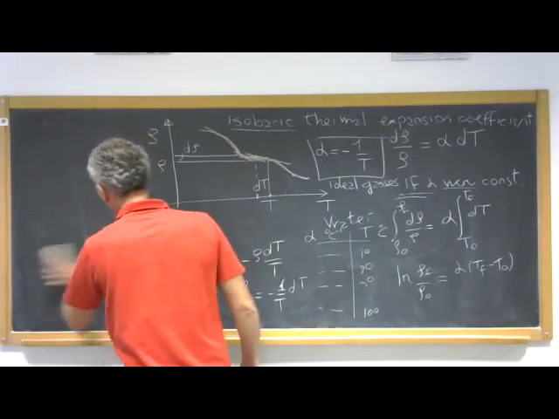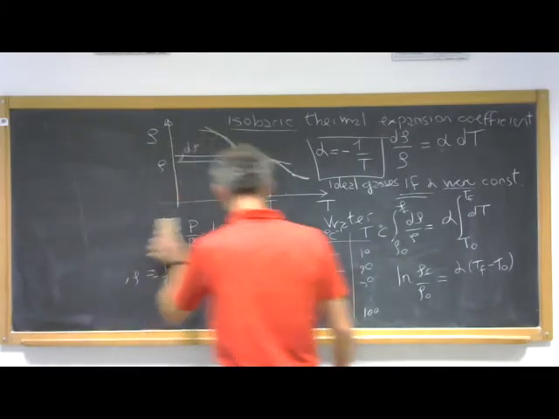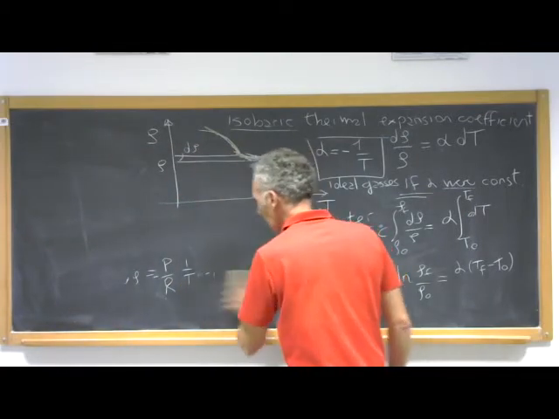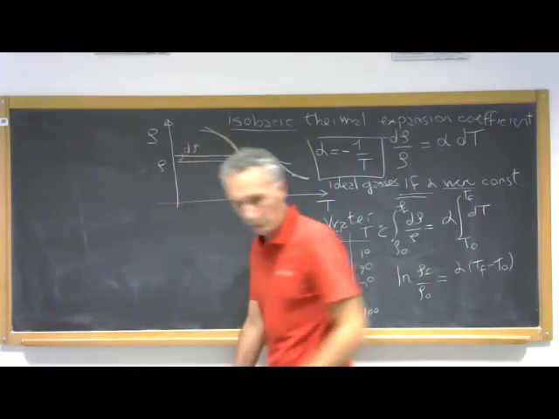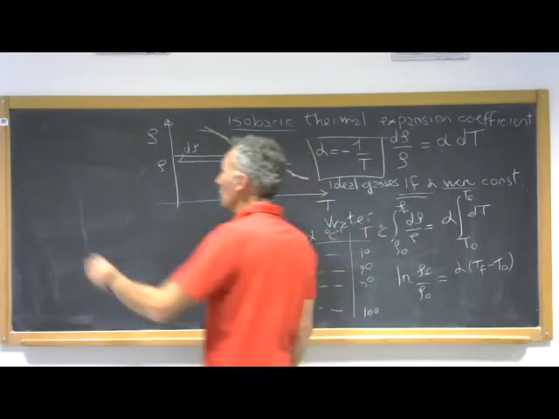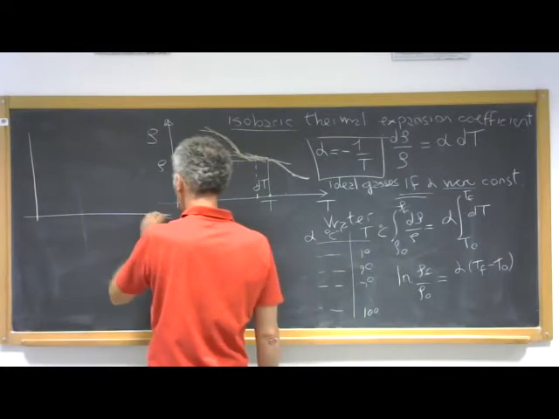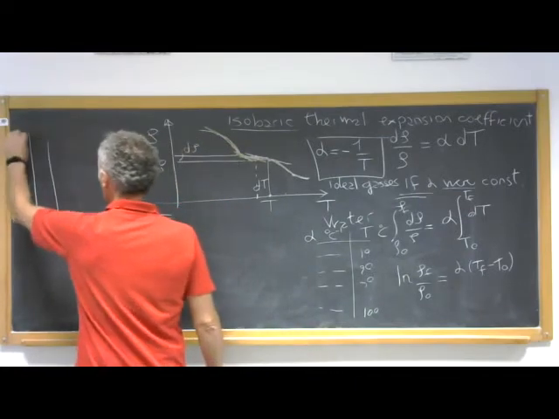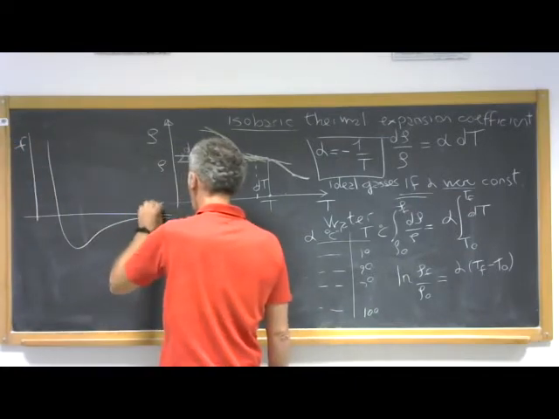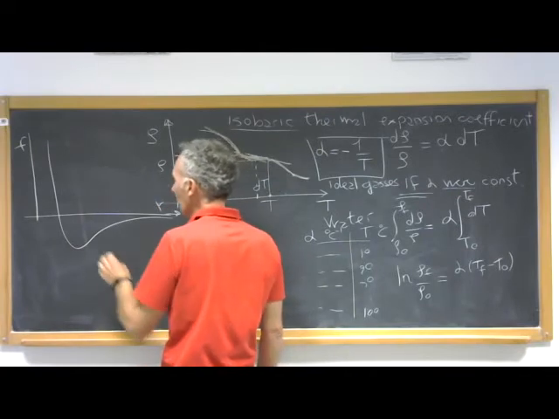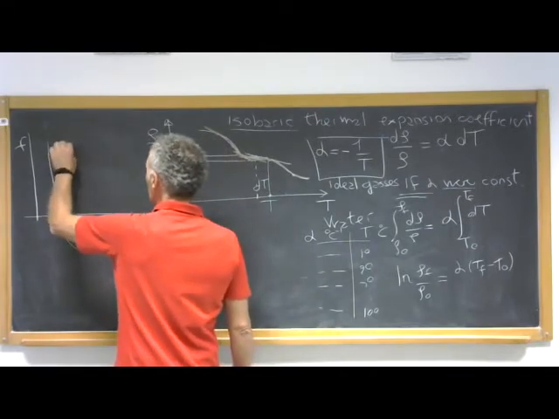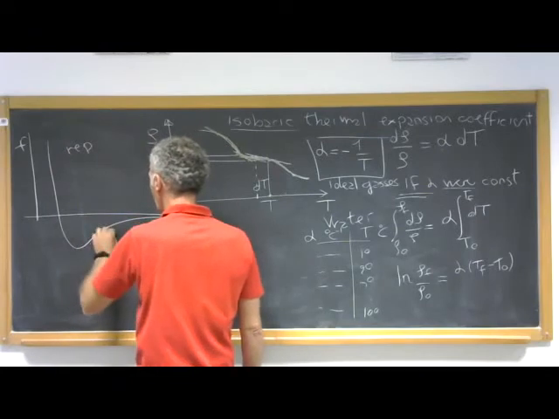Now, once again, for liquids, it is quite easy to show. So for liquids, if this is the Lennard-Jones curve, so force, R is the distance, so this is repulsion and this is attraction.